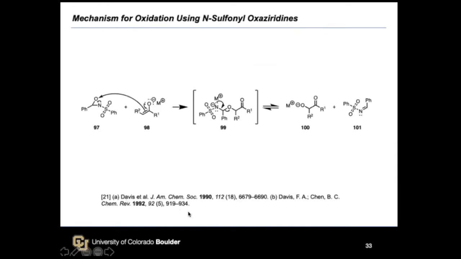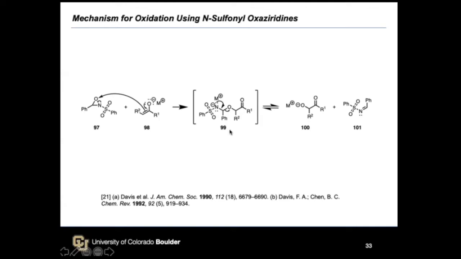N-sulfonyl oxaziridines are electrophilic, and in this mechanism proposed by Davis for the Davis oxidation of enolates using N-sulfonyl oxaziridines, the nucleophilic enolate, which is number 98 here, attacks the oxaziridine oxygen to give intermediate number 99.